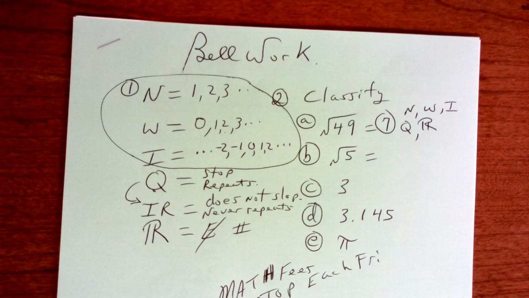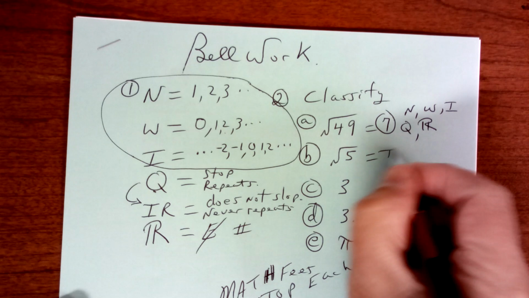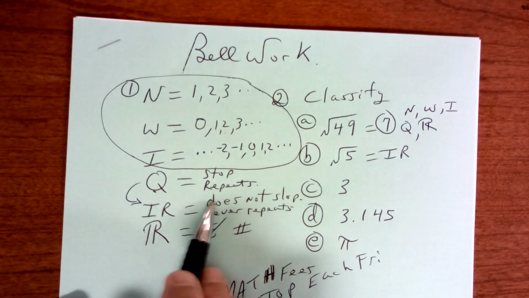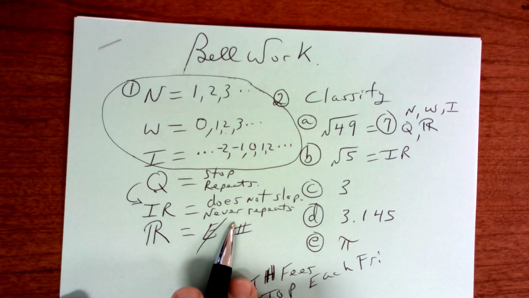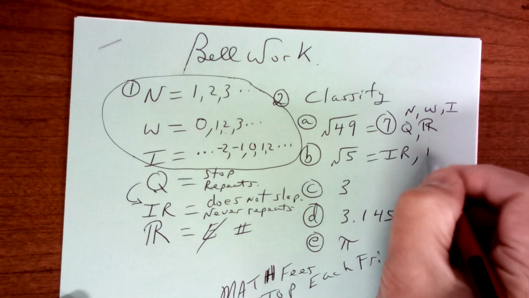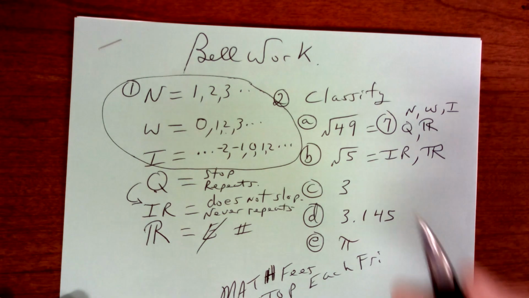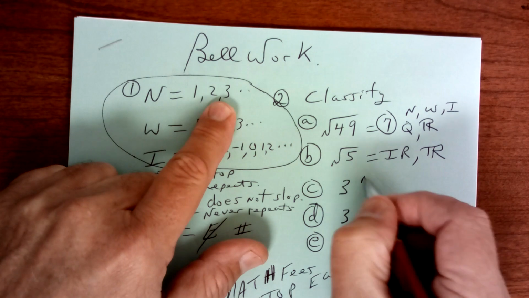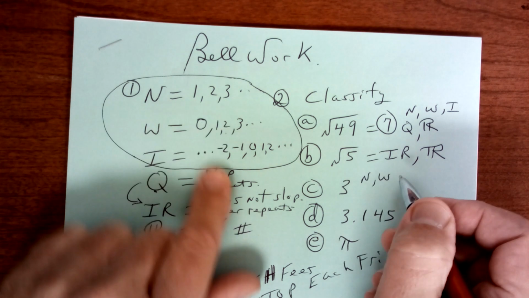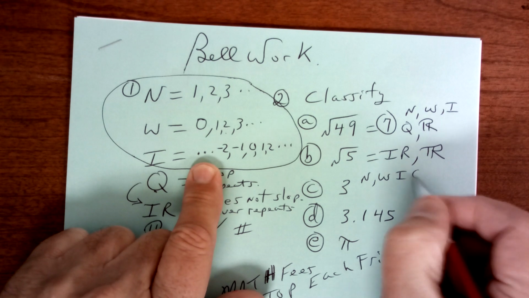The square root of 5 is not a perfect square, so it is irrational. Goes on forever. And it is real. All of these are real. 3 stops, natural, whole, integer, rational, and real.